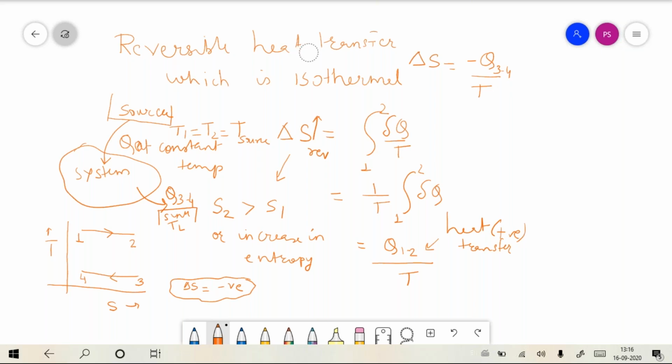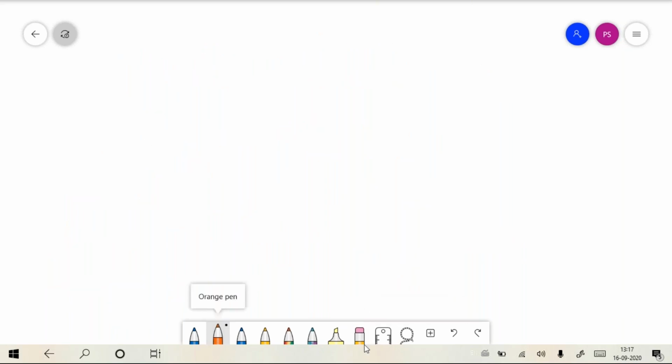Before going to irreversibility, let me discuss another process, which is a reversible adiabatic process.